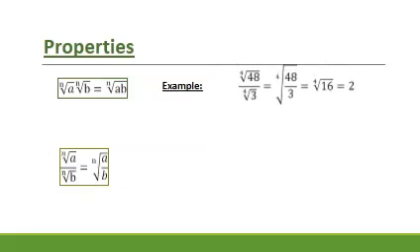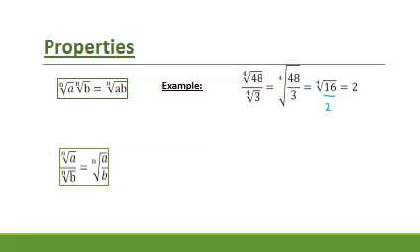Example, the fourth radical of 48 over the fourth radical of 3 is the fourth radical of 48 over 3, and 48 over 3 is 16, which is 2 to the power 4, so the answer is 2. Example for the second property, the cube root of minus 27: you know that 27 is 3 cubed, so you get rid of the root, and the answer is minus 3.